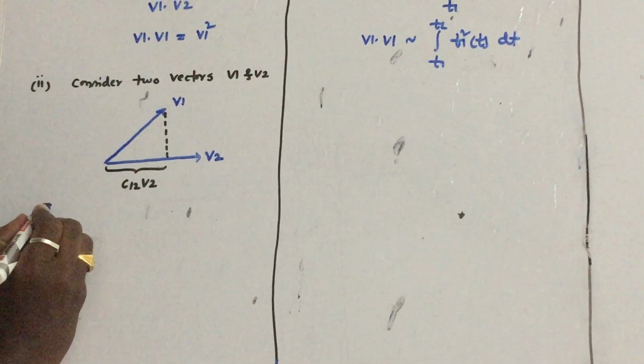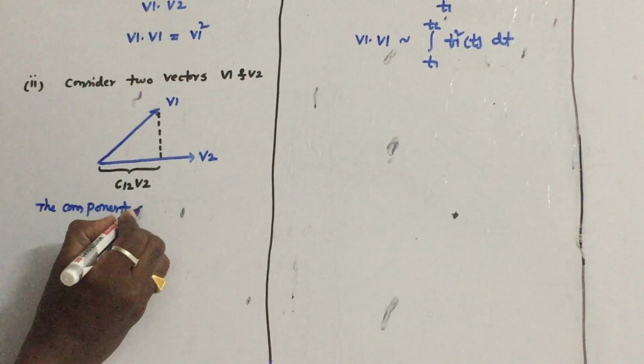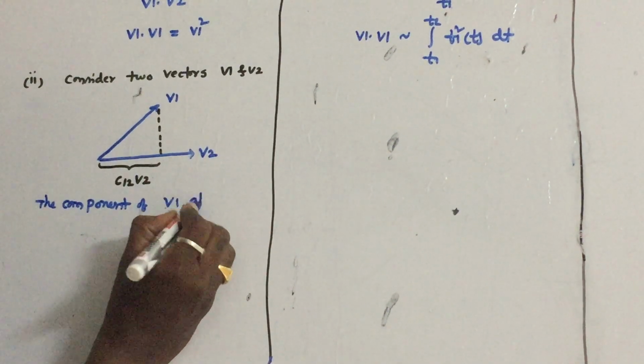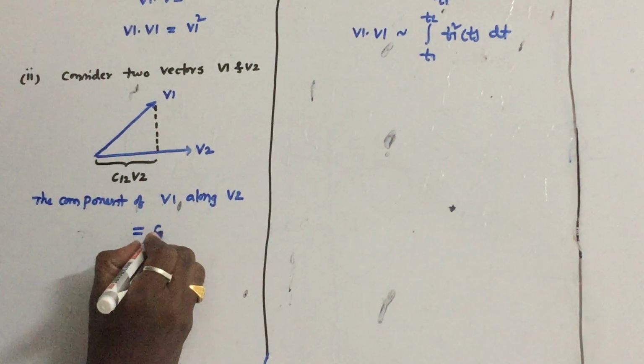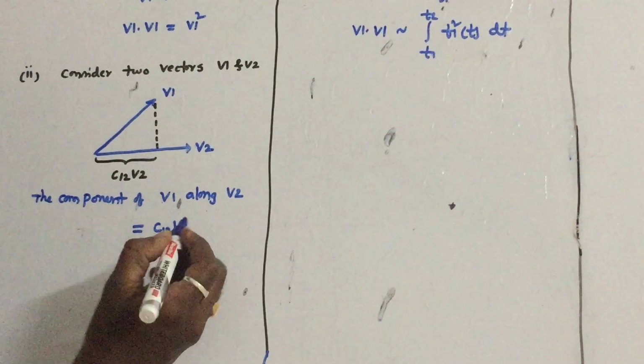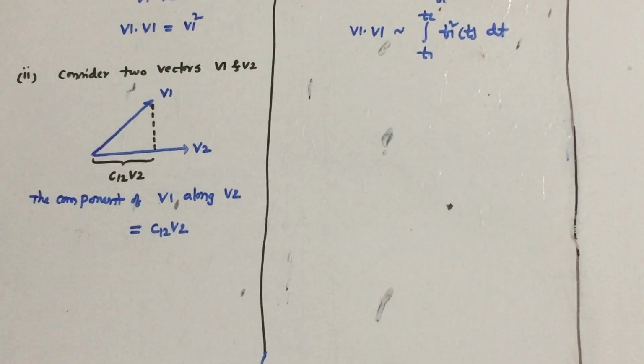So what we write here: the component of v1 along v2 is equal to C12 into v2.